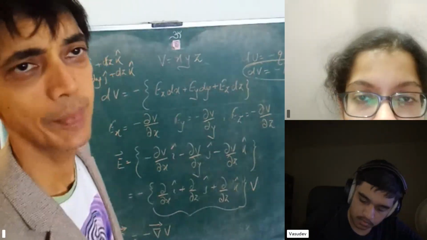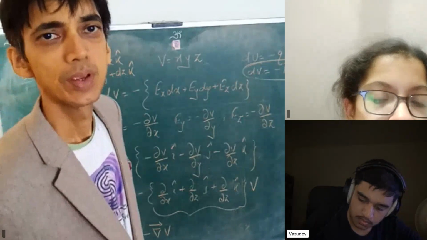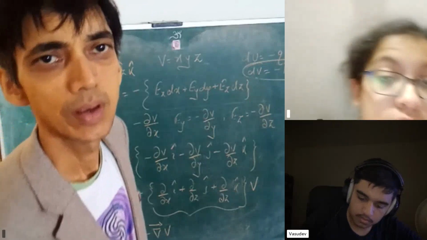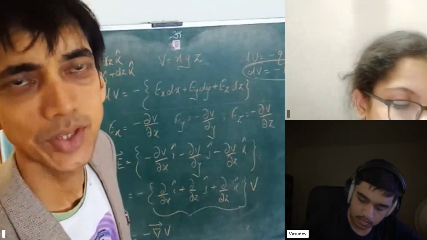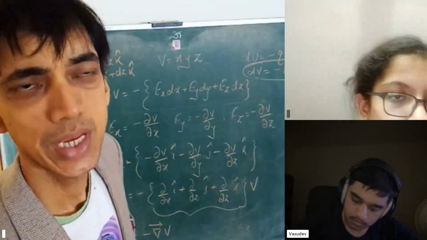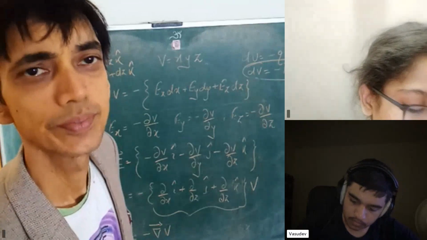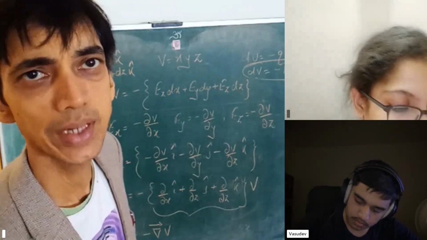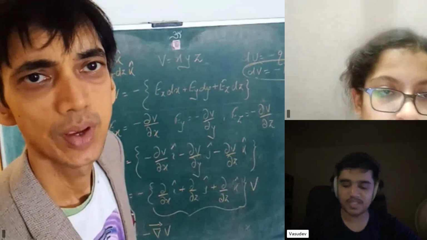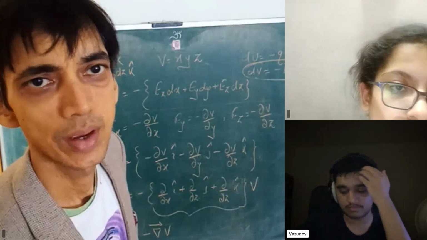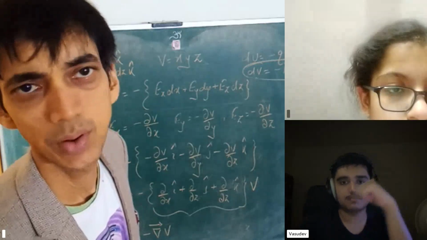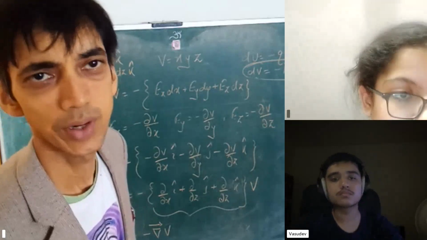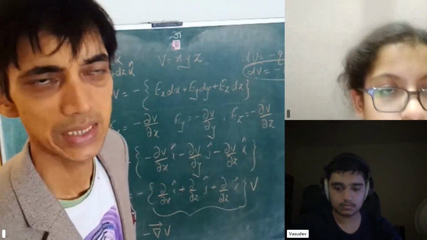Minus yz i cap, then minus xz j cap and minus xy k cap, correct? Yes, sir. Minus 6, minus 3, minus 2. We'll place the values at whichever point is being asked.